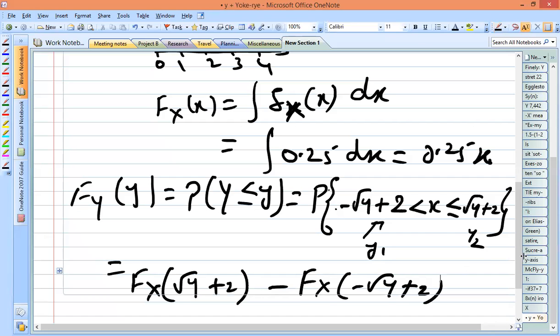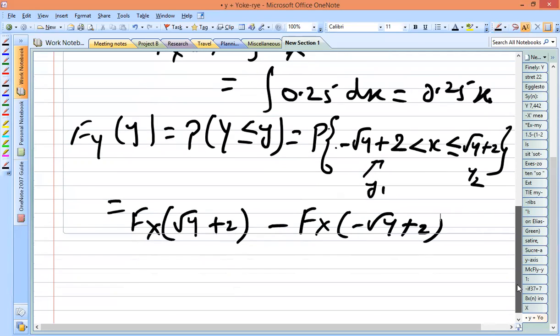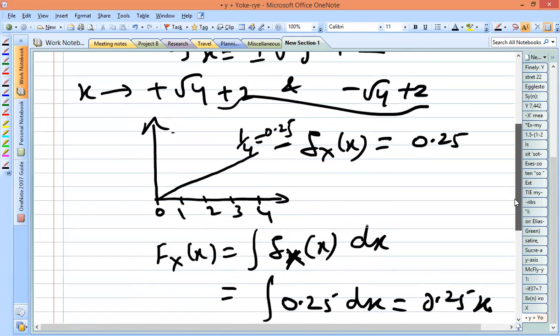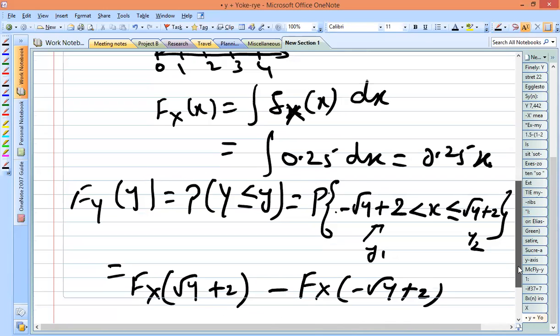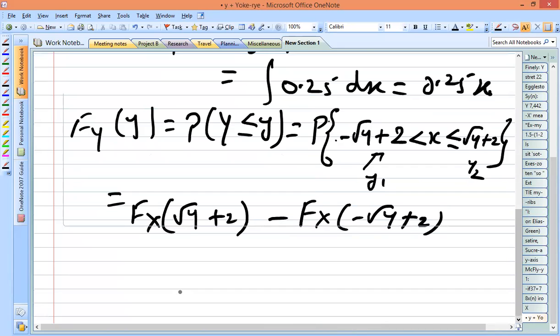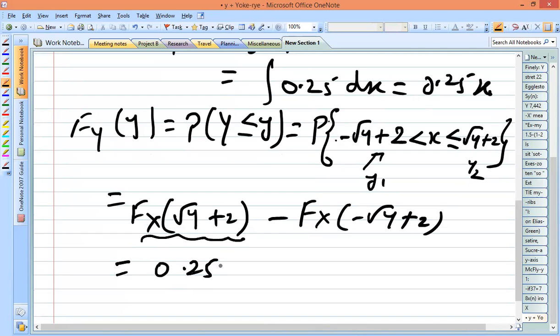Now we know the CDF value for root y plus 2, because here you can see that we have the value of x as plus or minus root y plus 2. So you are going to make the replacement in terms of the CDF value. FX of root y plus 2 can be written as 0.25 x2, minus 0.25 x1.